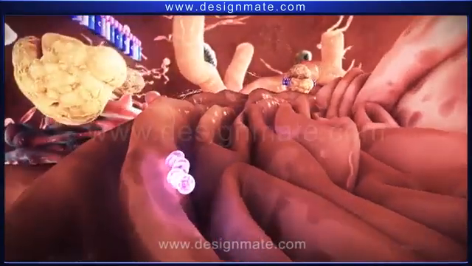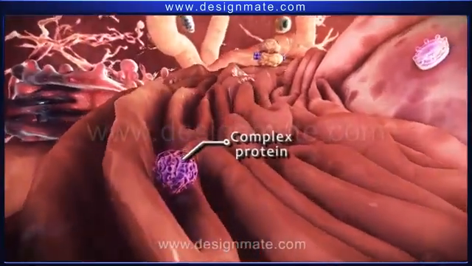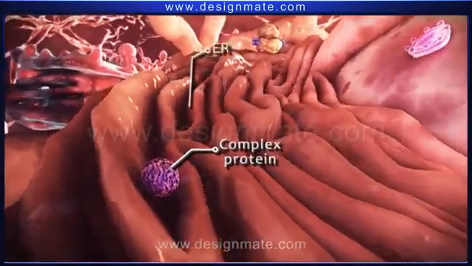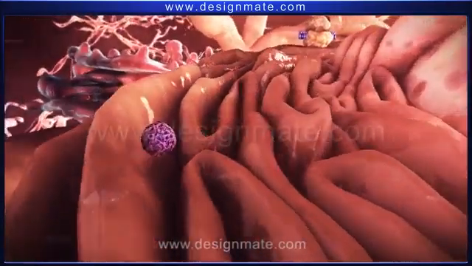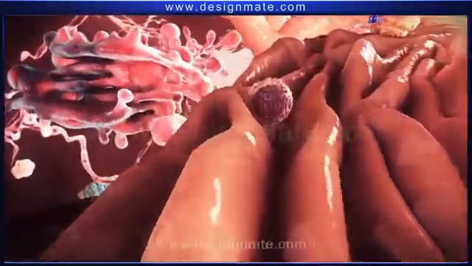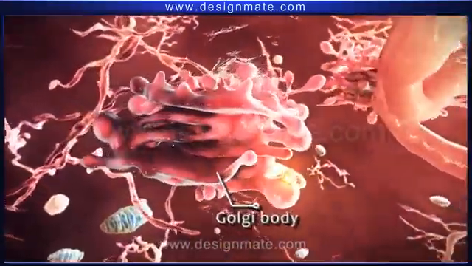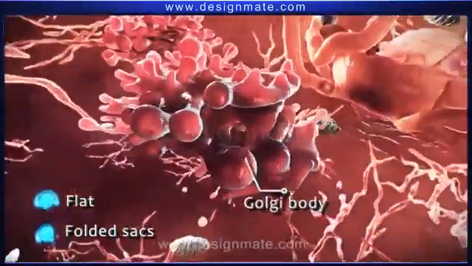As the protein synthesis terminates, a complex protein gets formed and is pushed inside the ER. It moves along the tubes of the ER to another organelle, that is, the Golgi body. Golgi bodies are flat. They are folded sacs and act like a post office for the cell.